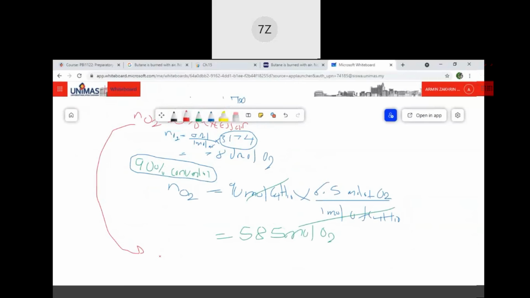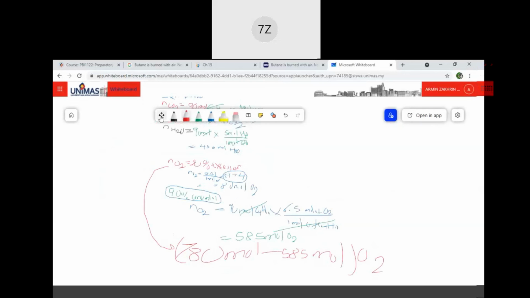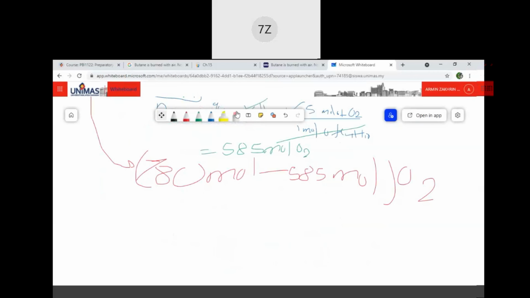So the number of mole of O2 in the product is 780 mole minus 585 mole of O2, equal to 195 mole of O2.